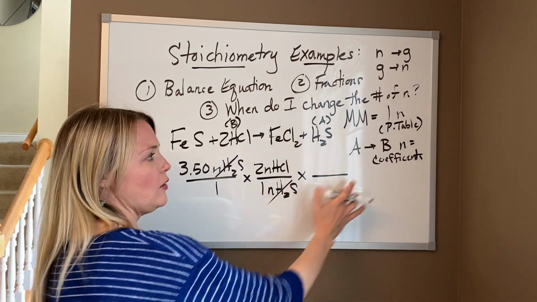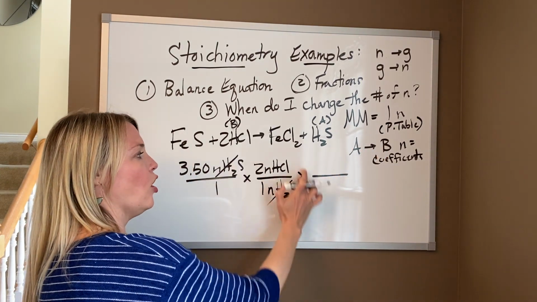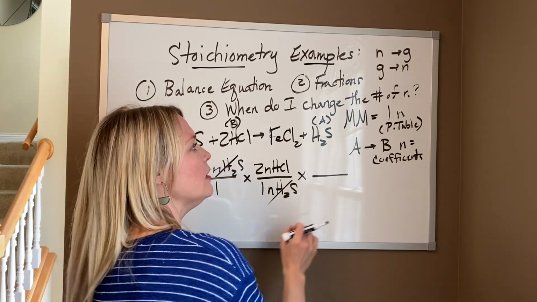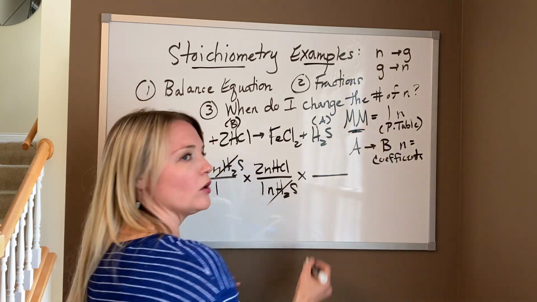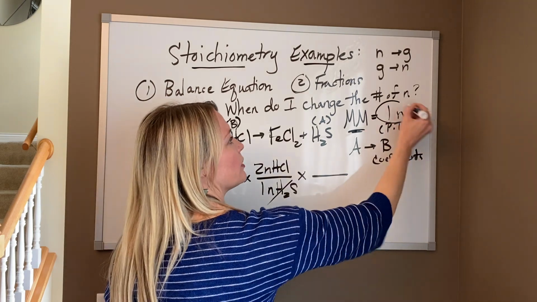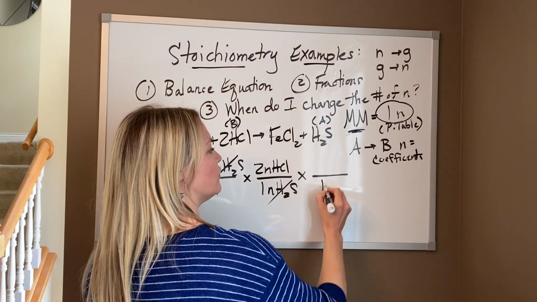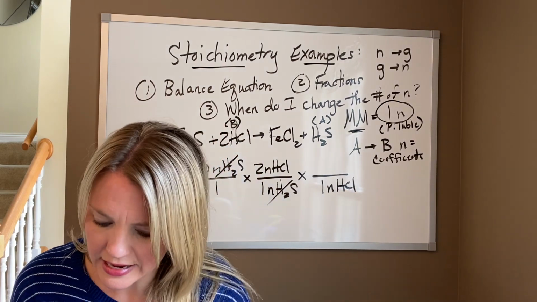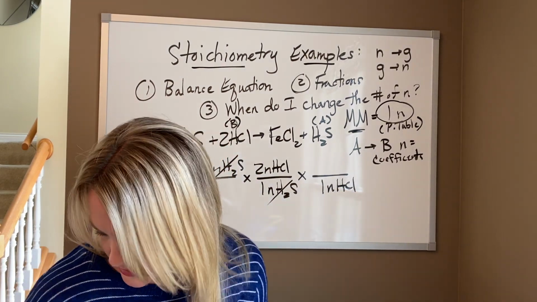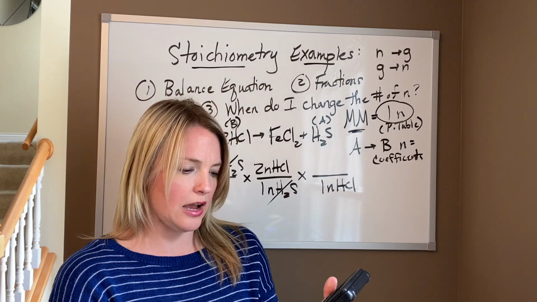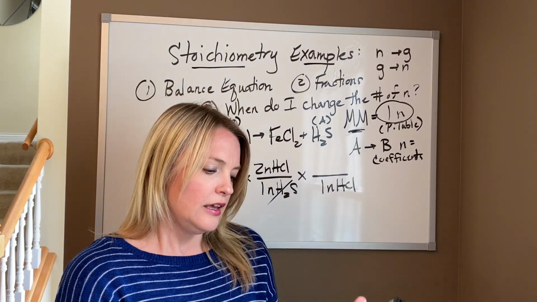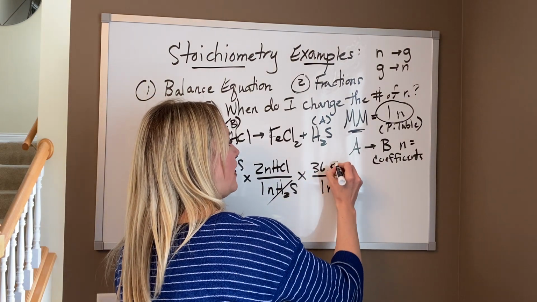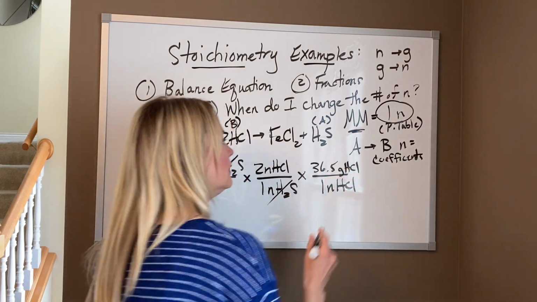When I went from substance A to B, the coefficients were my mole ratio. But now I'm going to be using molar mass off the periodic table, so I go back to 1 mole. For every 1 mole of HCl, I use the mass off the periodic table. Looking at a periodic table, Cl is 35.5 and H is 1, so I've got 36.5 grams of HCl.